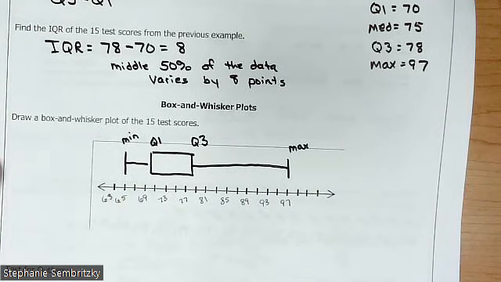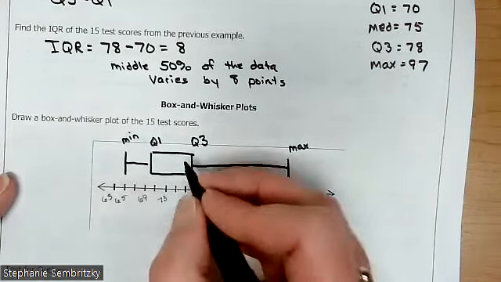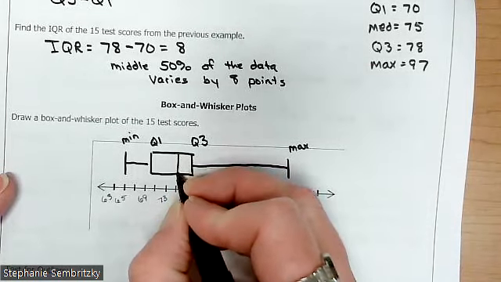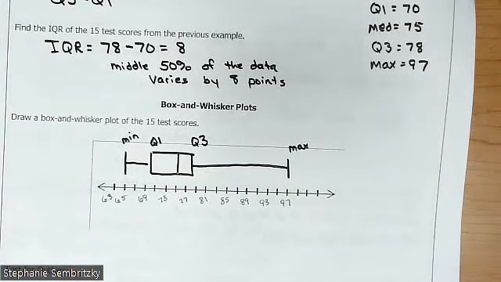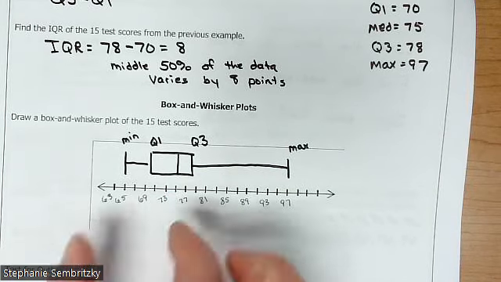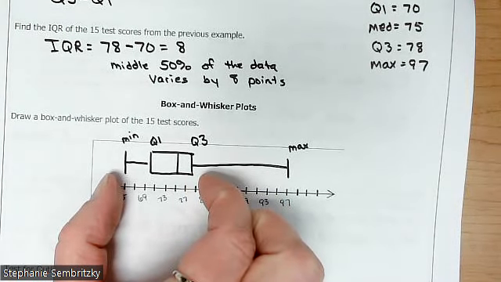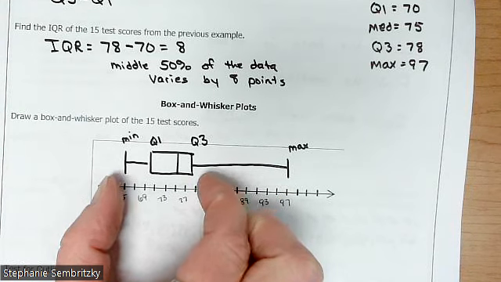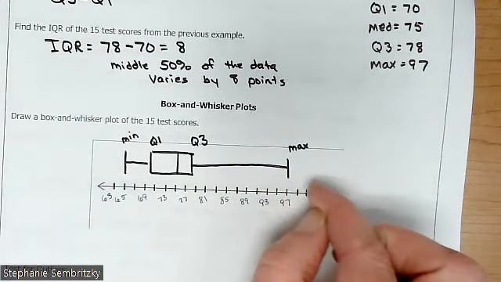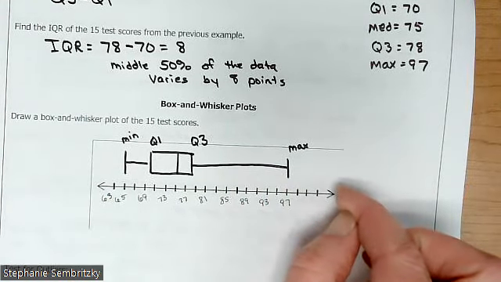Now, I also like to draw in the median because I'm supposed to be seeing all 5 numbers. So the median is at 75. It's right here. Now, looking at this picture, notice that the majority of the values are hanging out right here. And then there's a long stretch to the max.